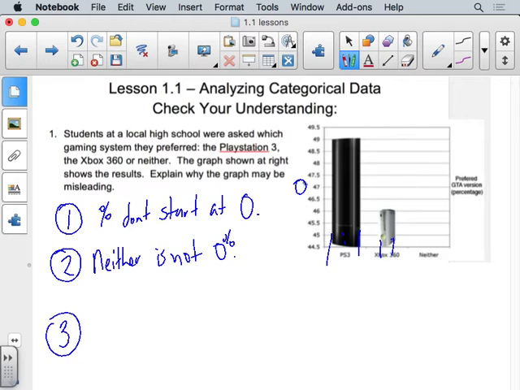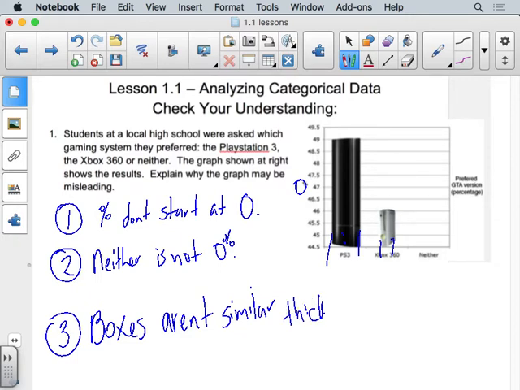So I've got a really bad graph on my page here, unless I am working for PlayStation, and then I'm like, yeah, you gotta fool everybody. But the boxes aren't similar thickness. Okay. Sweet. So I don't typically like to use pictures. If you see some pictures being represented, it's probably not a good thing. It's probably on a bad scale.